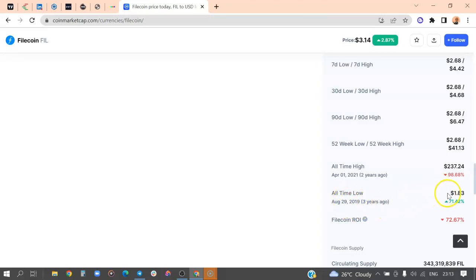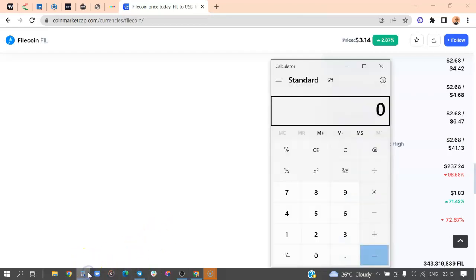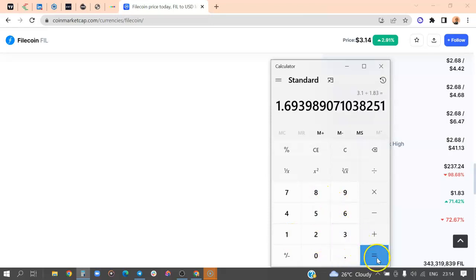Its all-time low was in August 2019. Its all-time low price was 1.83. So if we factor that in, we may experience another all-time low. If you're buying Filecoin now, it's at 3.1 at the moment, divided by 1.83.